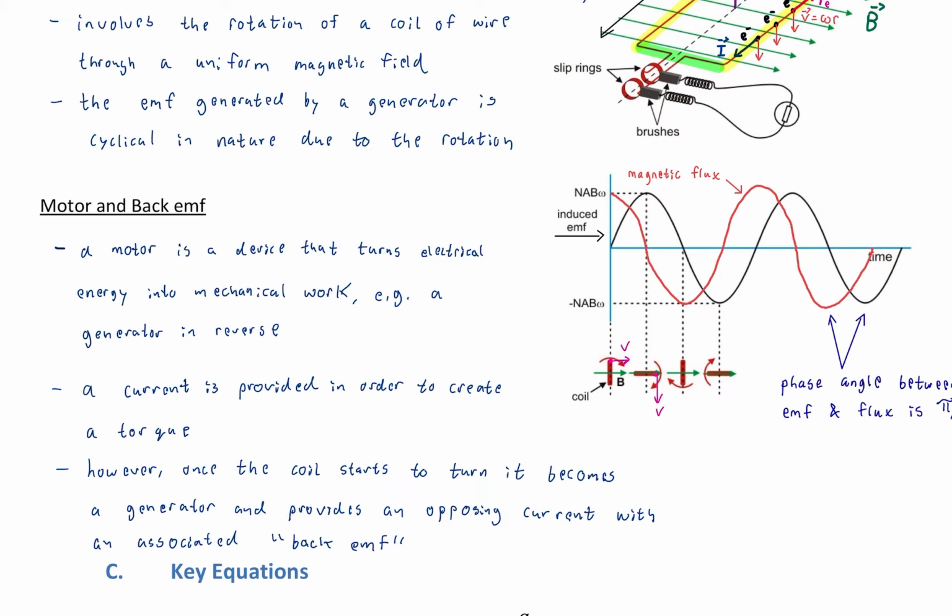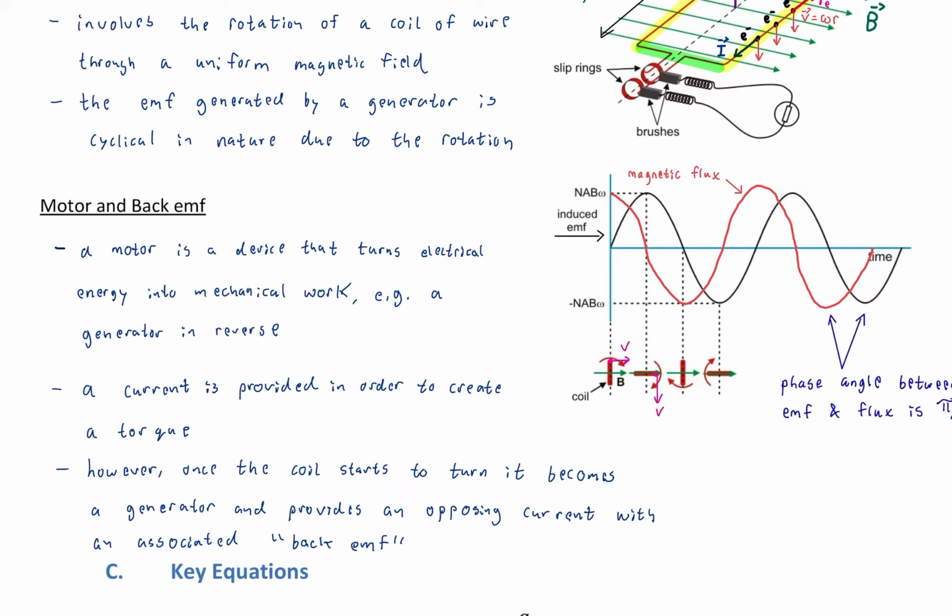But once it's moving, now those charges have a velocity, right? And as they experience the velocity through the magnetic field, they're going to start getting moved. And they're going to move in the exact opposite direction of the original current. So the induced current in a motor always goes exactly opposite of the original current that started the coil turning.